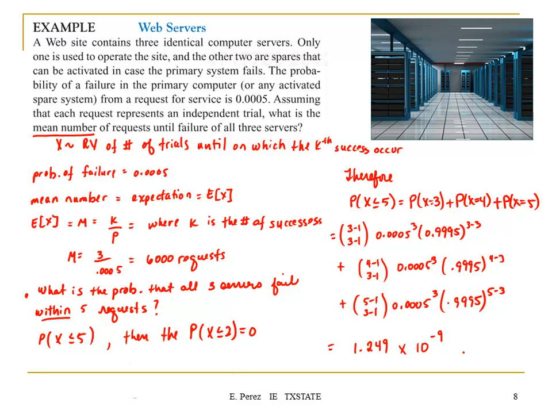And the expected value is telling you that on average you're going to need 6,000 requests for all of them to fail. So by just looking at 5, you know that the chances are very small, which is what the result is telling you.